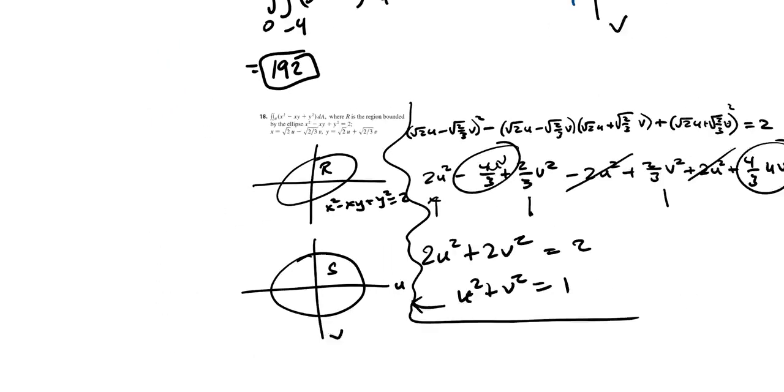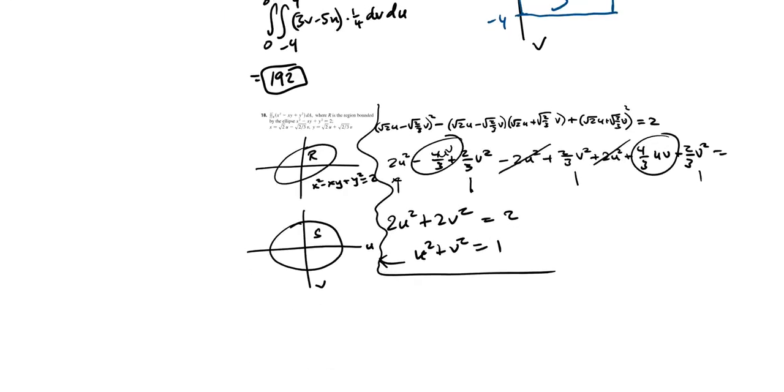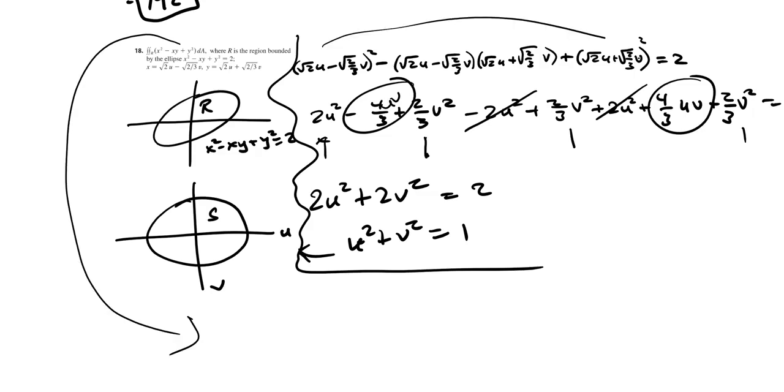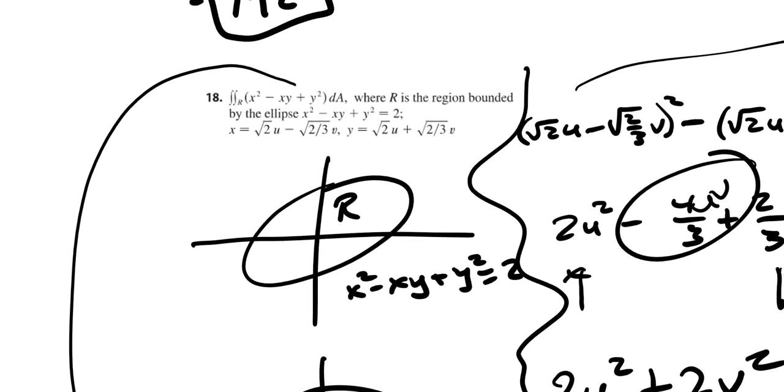There are a couple things we need to do. We need to plug in what's inside of here. Well, we did that on the left. So what's inside is the double integral of u squared plus v squared. It just so happens that the integrand is the same thing as what we're integrating over on the left.